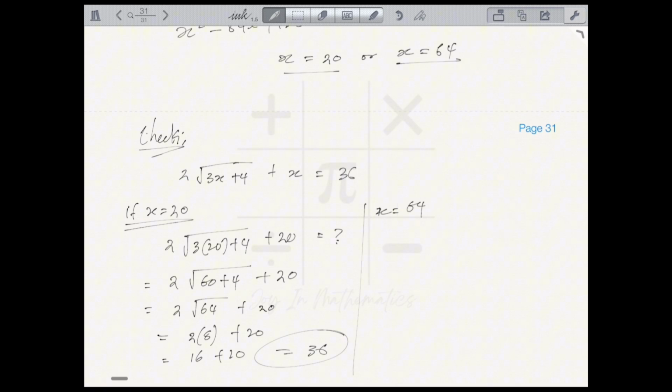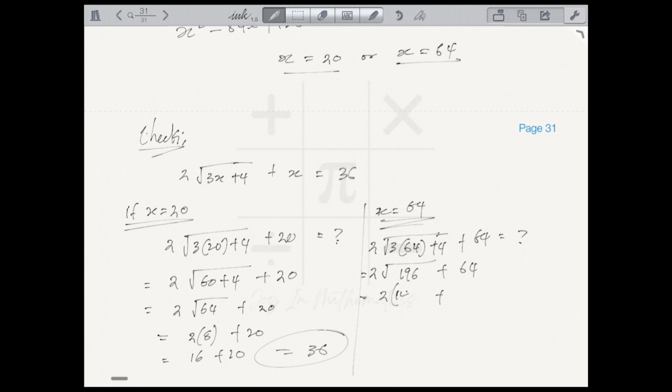Likewise, let's test when x is equal to 64. So 2 times the square root of 3 multiplied by 64 plus 4, plus 64. Will it give us 36? Let's find out. 3 multiplied by 64 plus 4 is 196. The square root of 196 is 14.